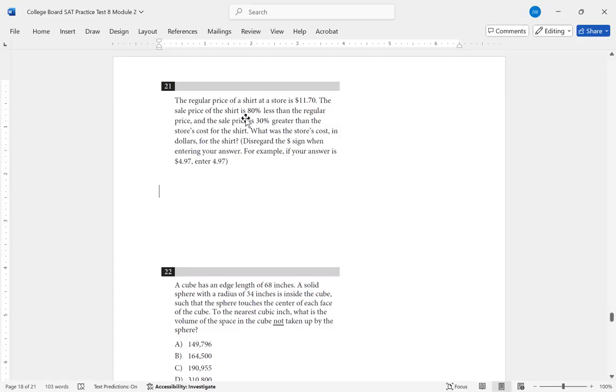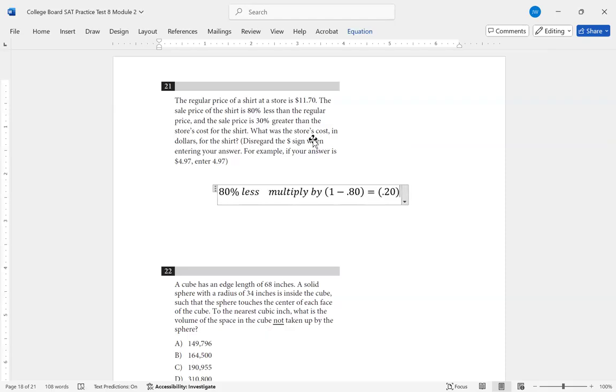let's talk real quick about 80% less and 30% greater. If we're talking about 80% less, that's a multiplication by 1 minus 0.80. So we're multiplying by 0.20. 80% less, we start with 100% and then we subtract 80%.